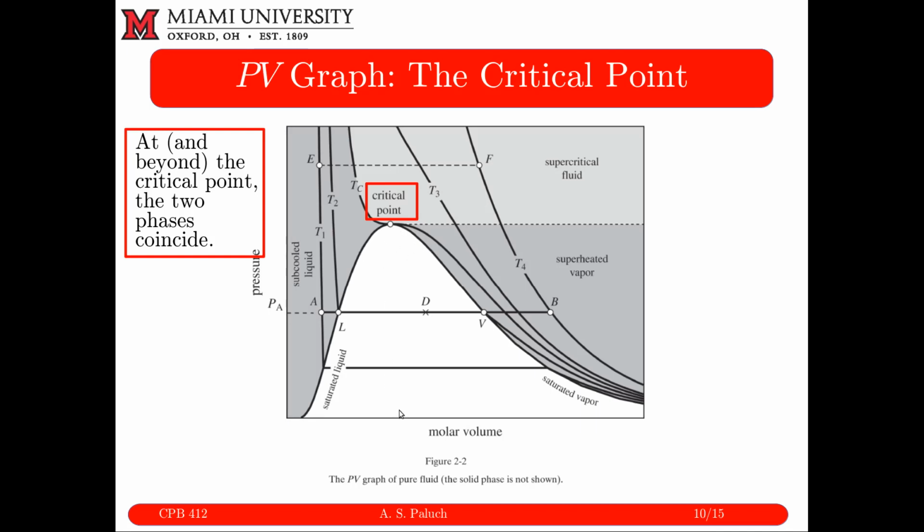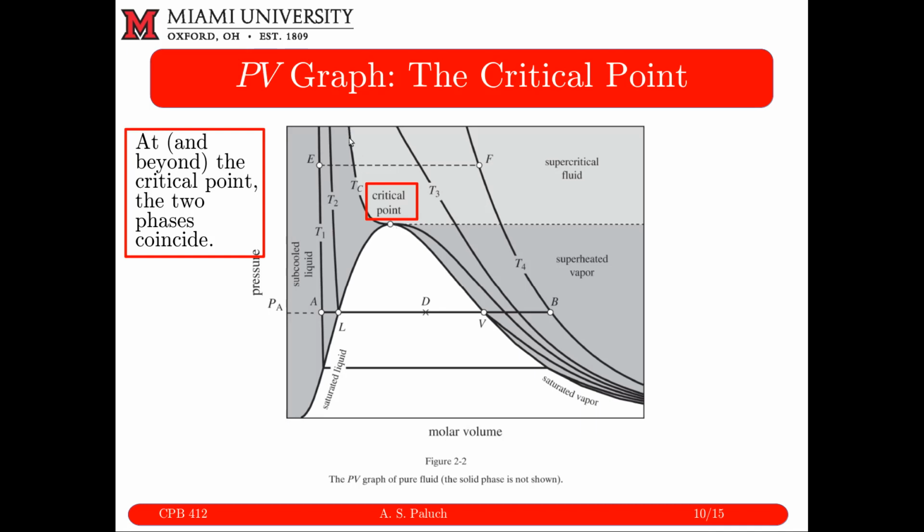As I move up in pressure until I get to this critical point, my two phases no longer exist and become just a single phase. So the top of this dome corresponds to my critical point. It's where I no longer have two-phase coexistence, where my two phases become one.